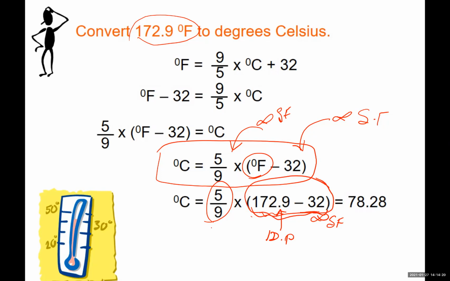You multiply it by this exact number, which has infinite significant figures. So whatever number of significant figures is coming from the subtraction is deciding that, and you will see if you have 1 decimal place, you're going to have 4 significant figures. So that is the significant figures of the answer.